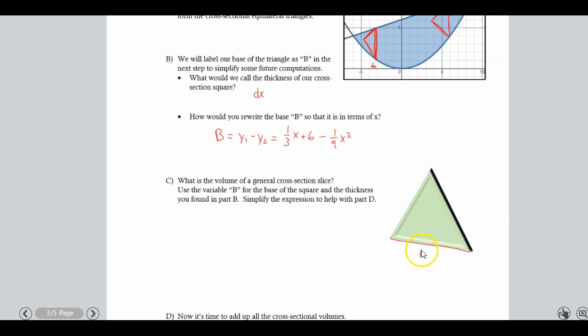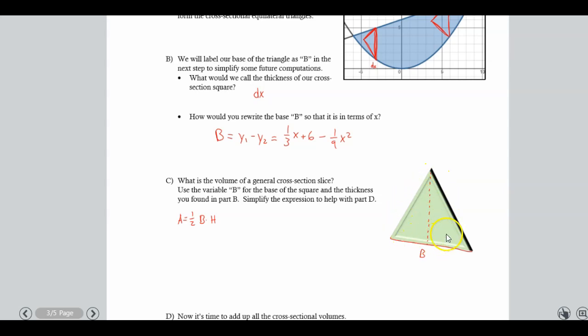So those are b. But if we're thinking of a triangle, 1/2 base times height, it would be nice if we had that height right there. So I'm going to put in that area, base times height, and we'll multiply by the thickness to get the volume at the end.